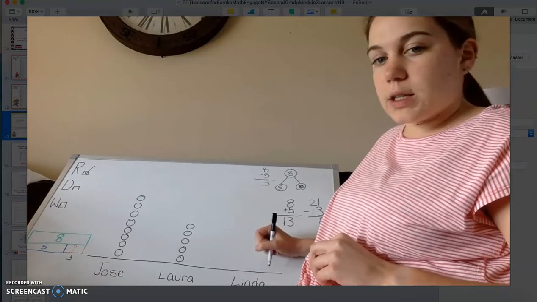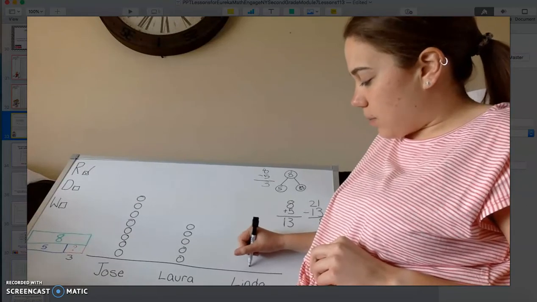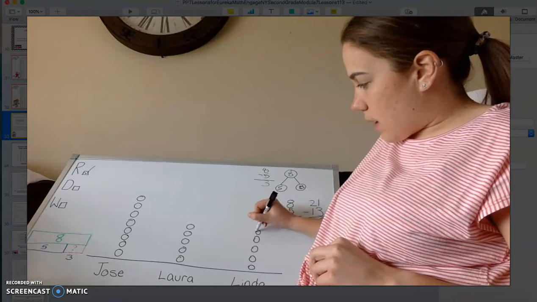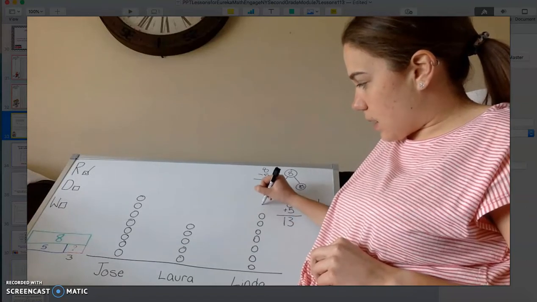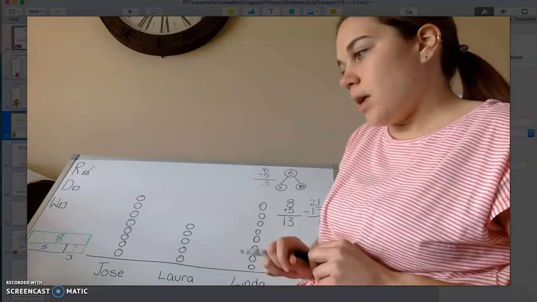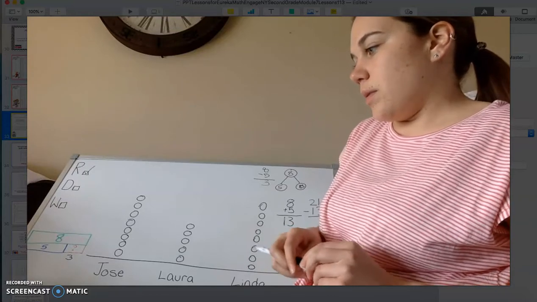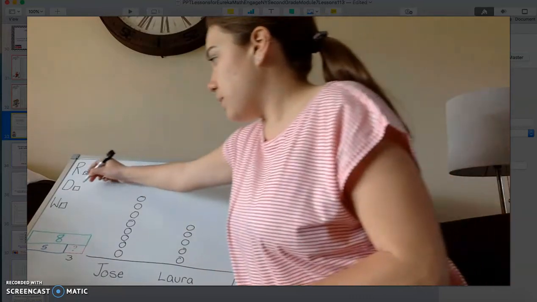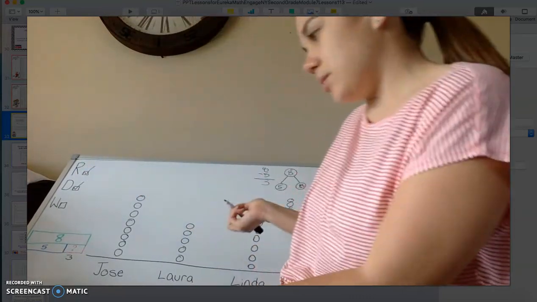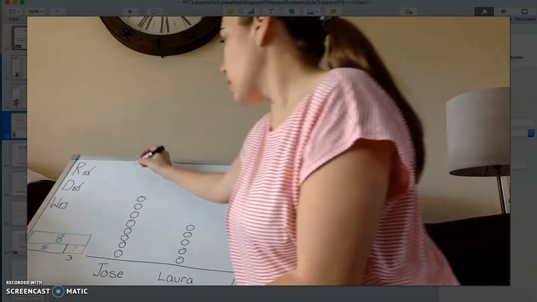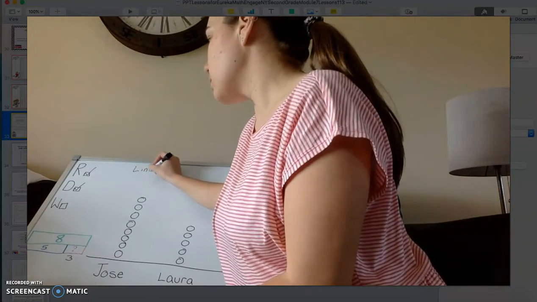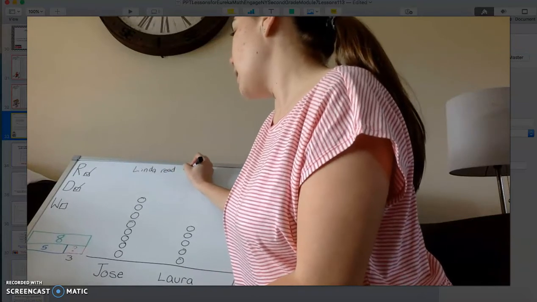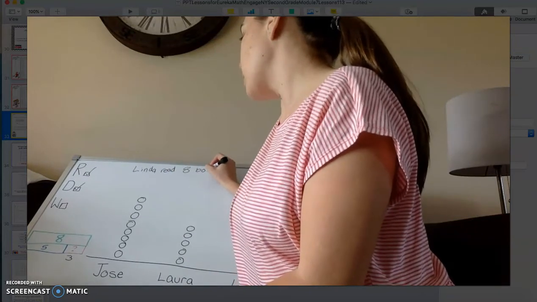So I'm going to draw 8 circles above Linda to show that she read 8 books. 4, 5, 6, 7, 8. So if we've drawn our picture, our sentence could be Linda read 8 books.